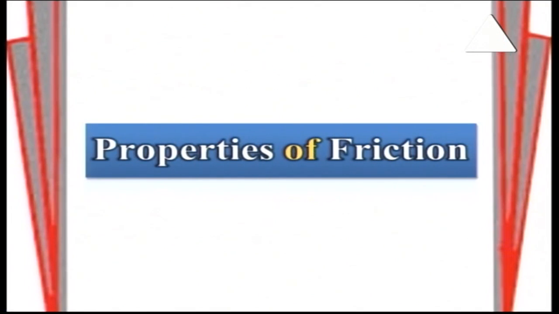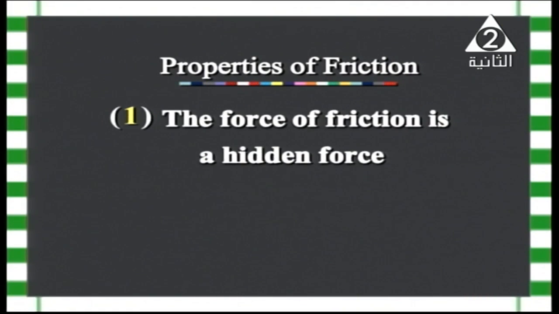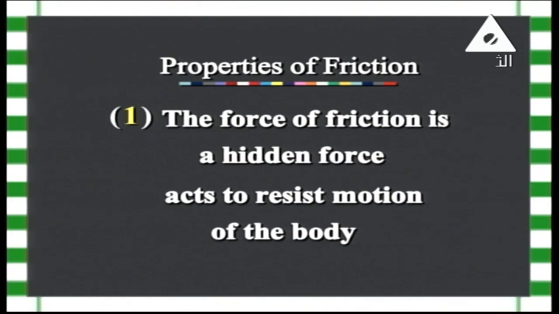My dear student, now we move to an important title: properties of friction. Look at the first property. The first property is that the force of friction is a hidden force, acting to resist the motion of the body.